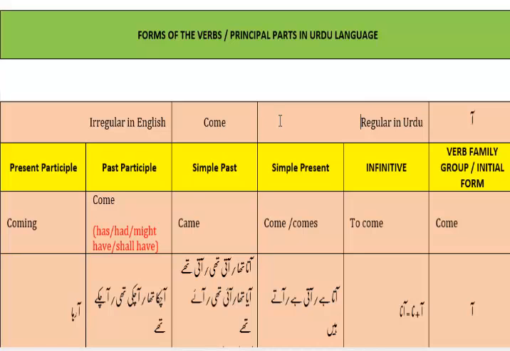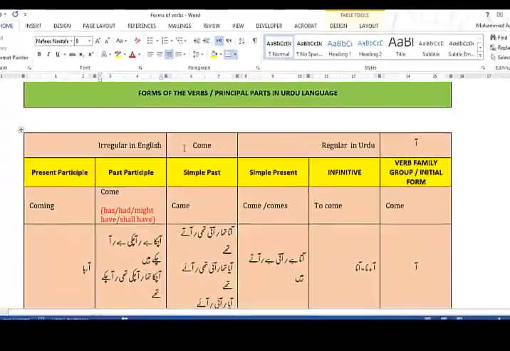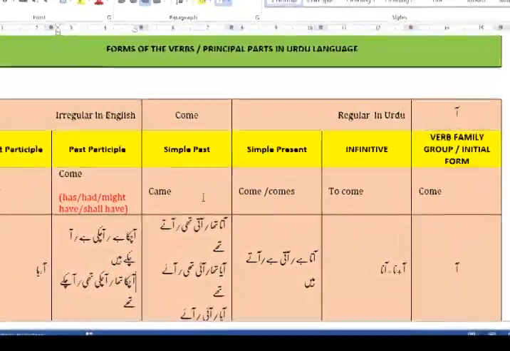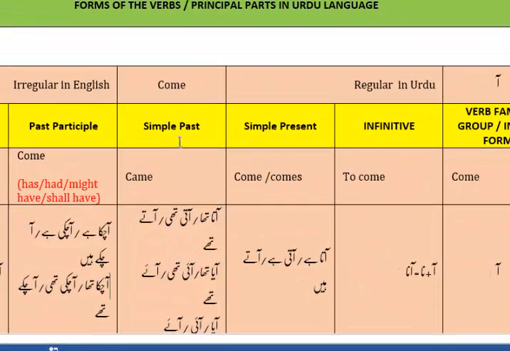So you have to understand from the point of view of the pattern. If the consistent pattern is there, we can call it a regular verb, and if the consistent pattern is not there, we will call it an irregular verb. Come in English is irregular: come, came, come. Whereas in Urdu, it is treated as a regular verb because you will find a consistent pattern.